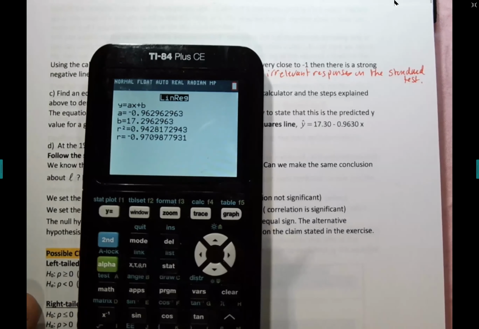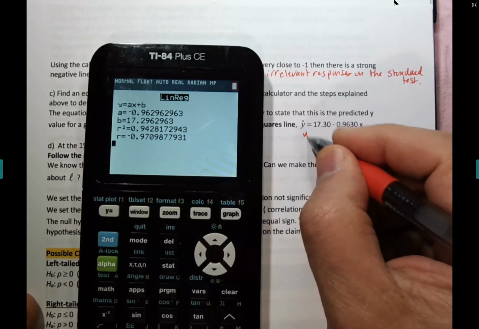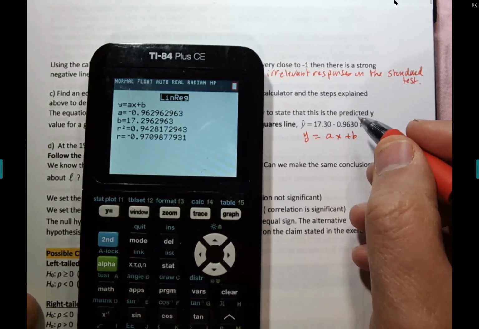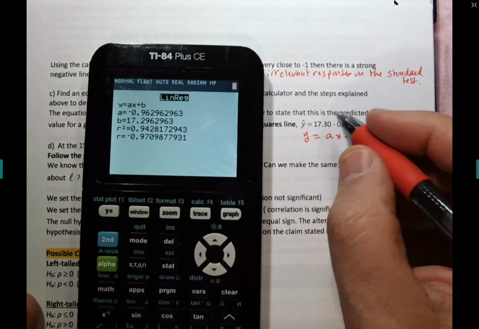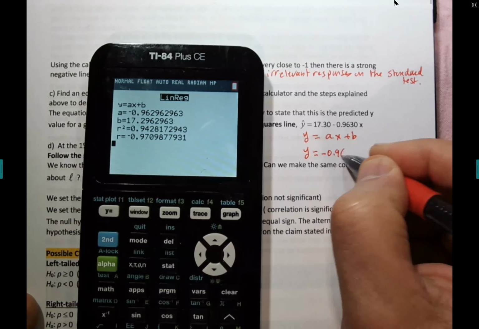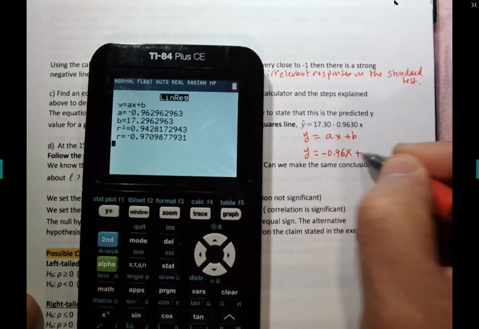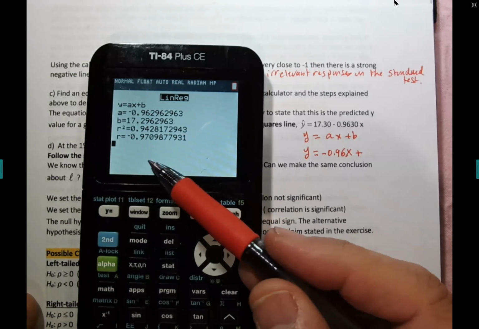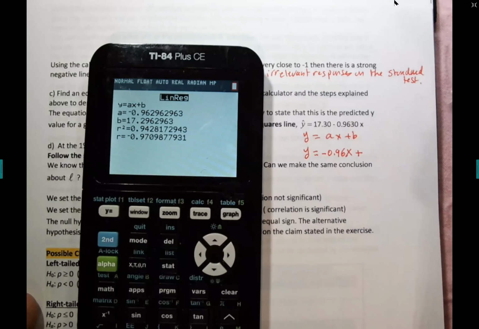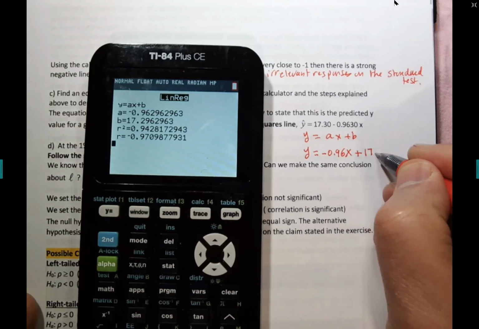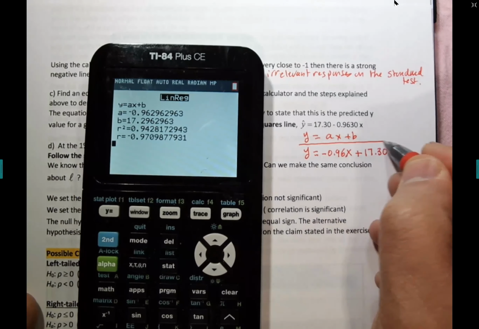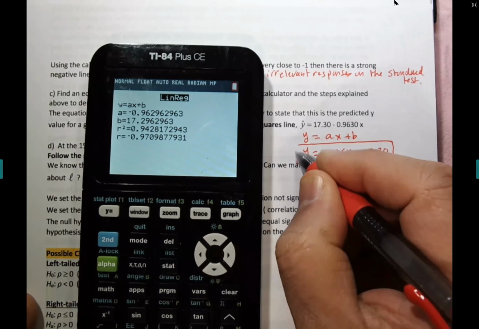If I write y equals ax plus b, and I plug in a by its value, to 2 decimal places, it will be negative 0.96x plus b. You can see b is 17.296, rounded to 2 decimal places will be 17.30. And this is called the equation of the regression line of best fit.